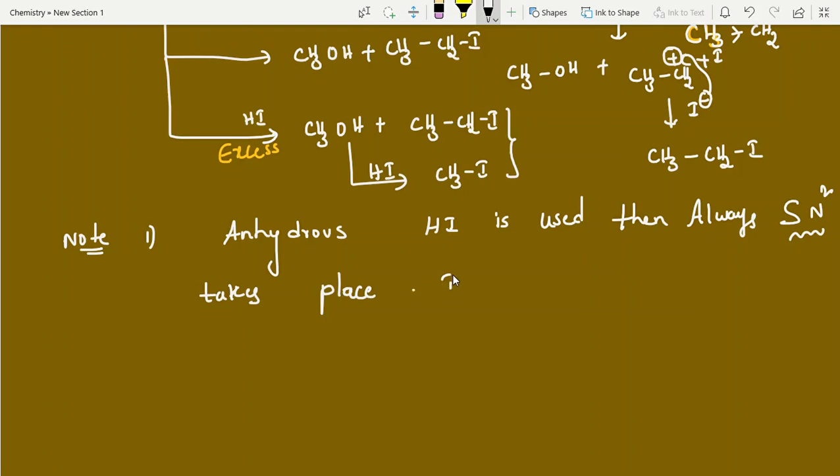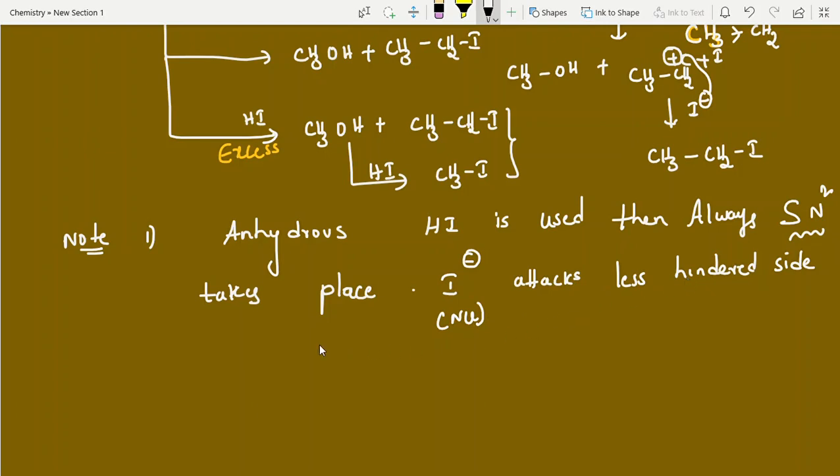I- attacks the less hindered side. I- acts as your nucleophile, and the nucleophile attacks the less hindered side.